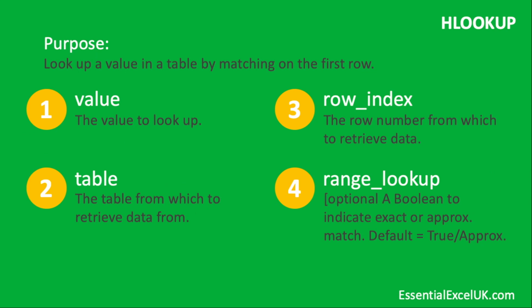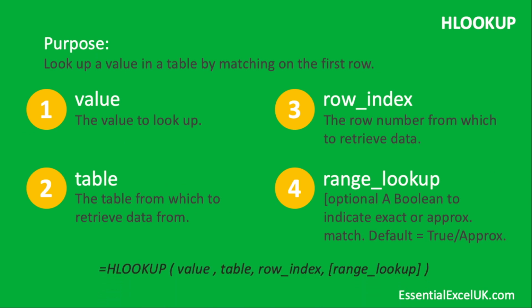If you remember from VLOOKUP, an exact match will take the value you're looking for and find the exact matching value in your table. An approximate match won't find the exact value, but will find an approximate match of your desired value. In our examples, and we suggest you do this when getting started, we'll use true for the approximate match, just while you get used to the formula at first.